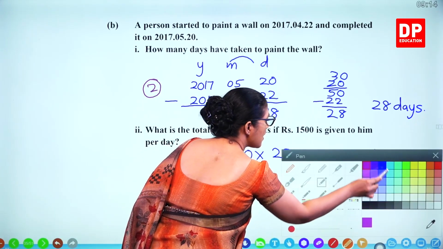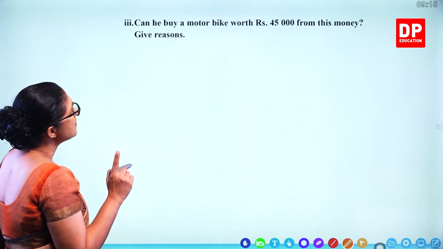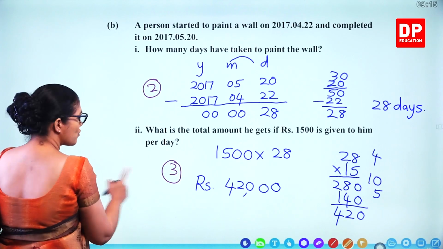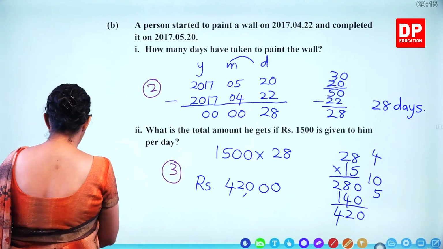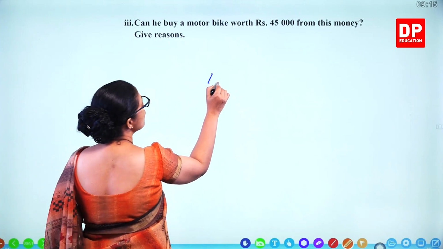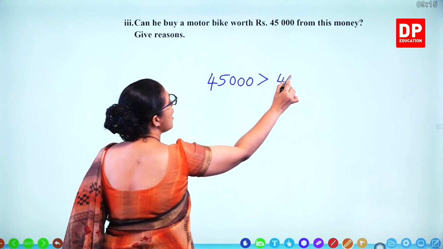So let's take the last part. Can he buy a motorbike worth 45,000 from his money? Give reasons. So 42,000 is the amount he gets. So 45,000 is more than 42,000.